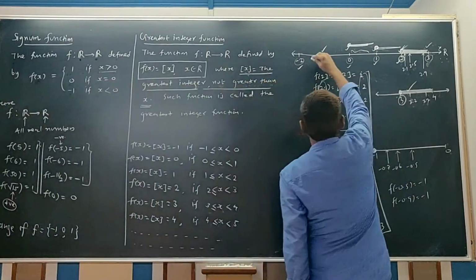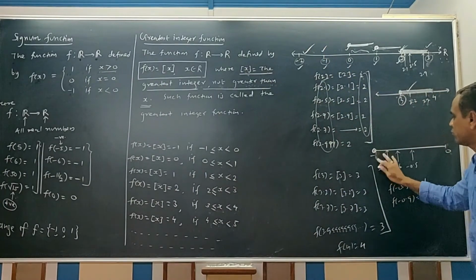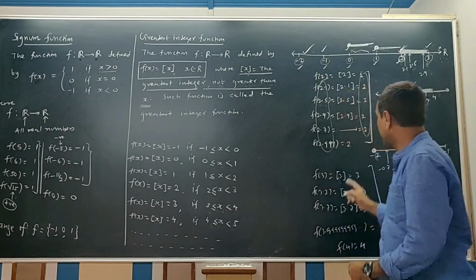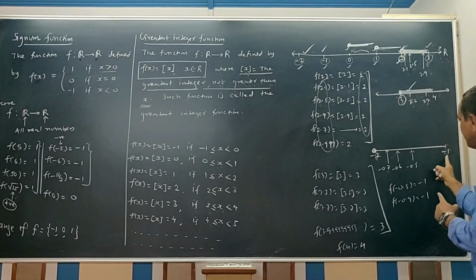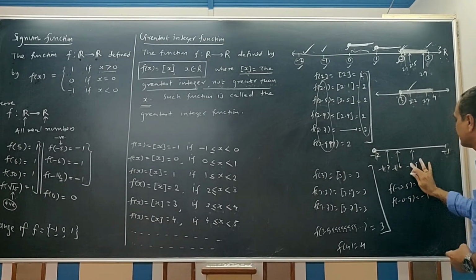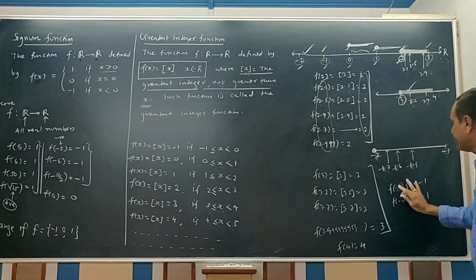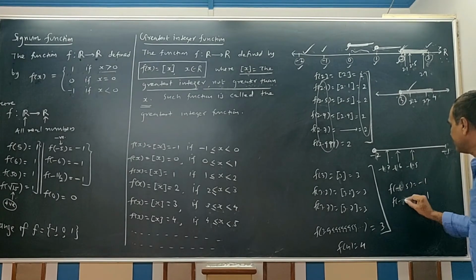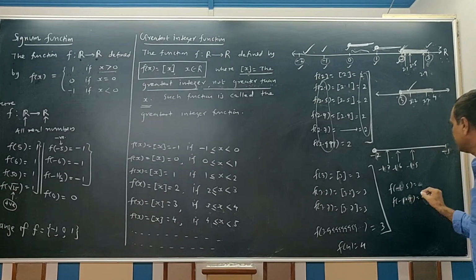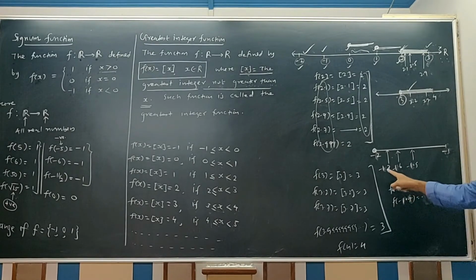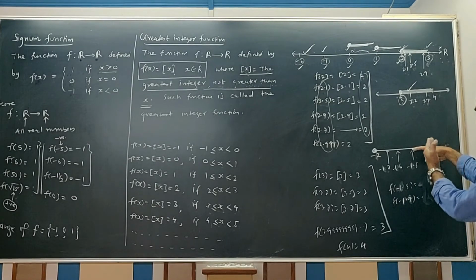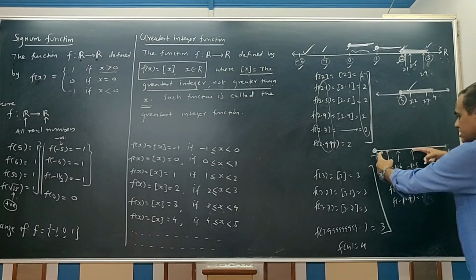Now taking this part, minus 2 to minus 1. Between minus 2 and minus 1, suppose this number is minus 1.7, this is minus 1.6, this is minus 1.5. Such types of numbers I am putting here, which belong to this interval. f of minus 1.5: on the left of minus 1.5, which is the first integer?